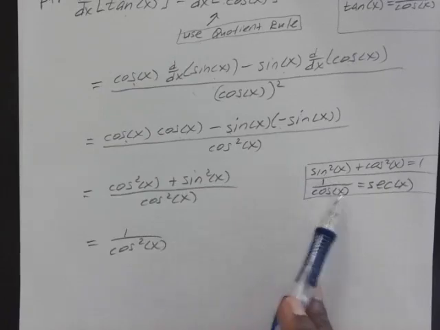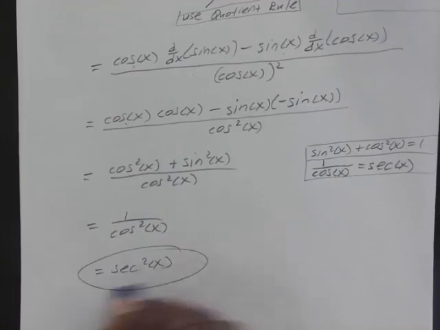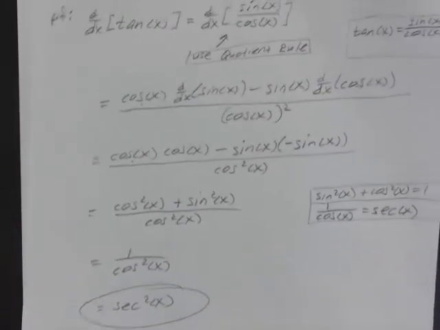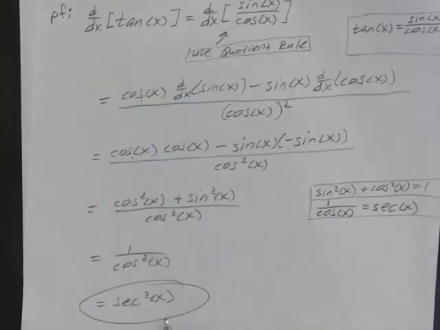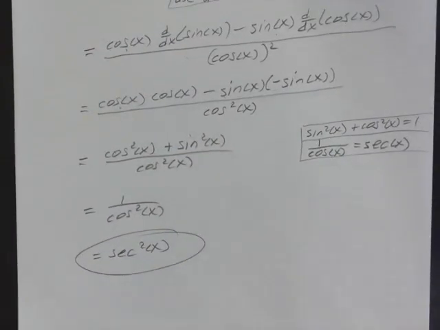So 1 divided by cosine squared would be secant squared. So that's how we know the derivative of tangent of x is equal to secant squared. And again, the other proofs you can kind of do the same way.